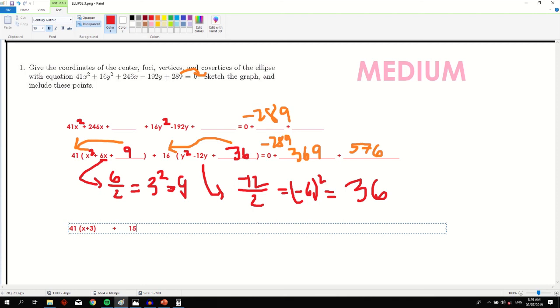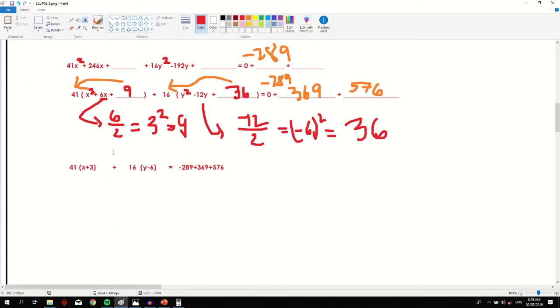Okay, then 16 times how much? y. So it's negative here. It's negative 6. So (y minus 6) squared is equal to negative 289 plus 369 plus 576. Okay, so we have that here. Don't forget to put the square.